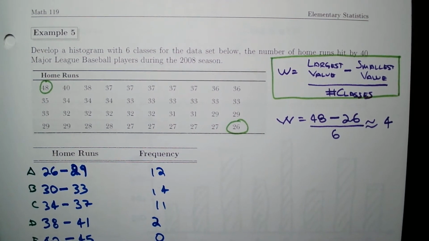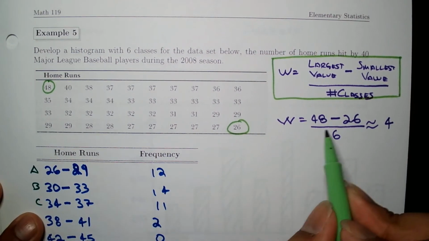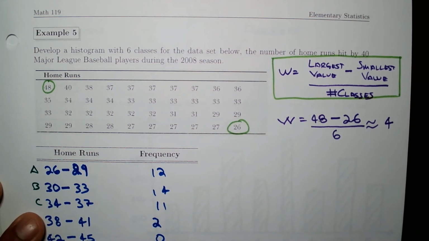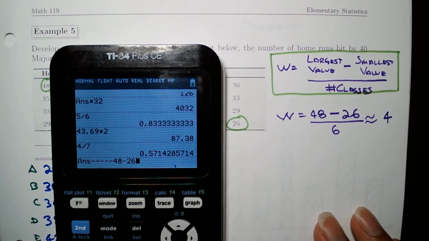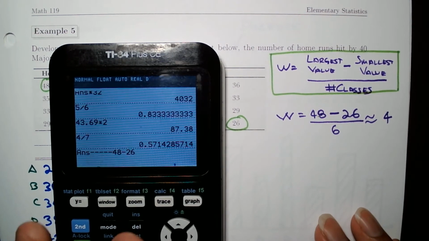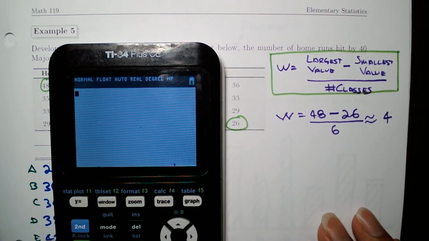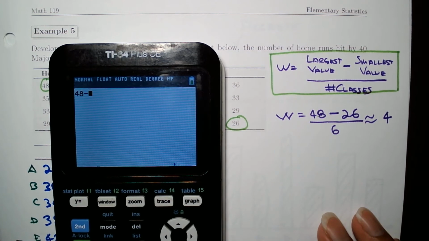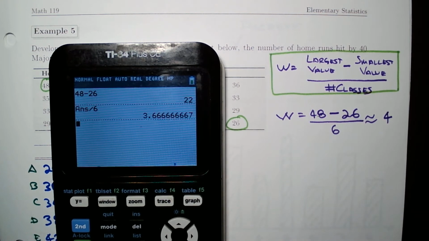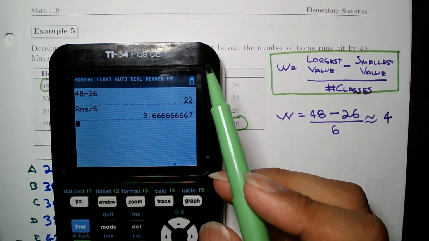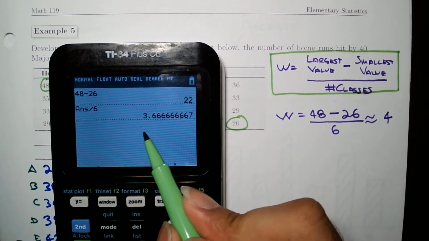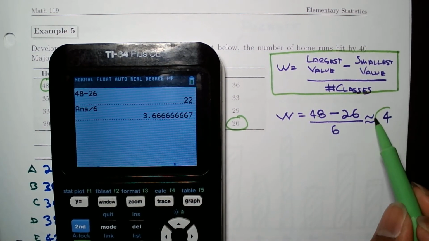So what we do is subtract 48 minus 26, which is 22, and divide that by 6, and we are going to get a decimal. Every time you get a decimal when finding the class width, round it up to the following integer.